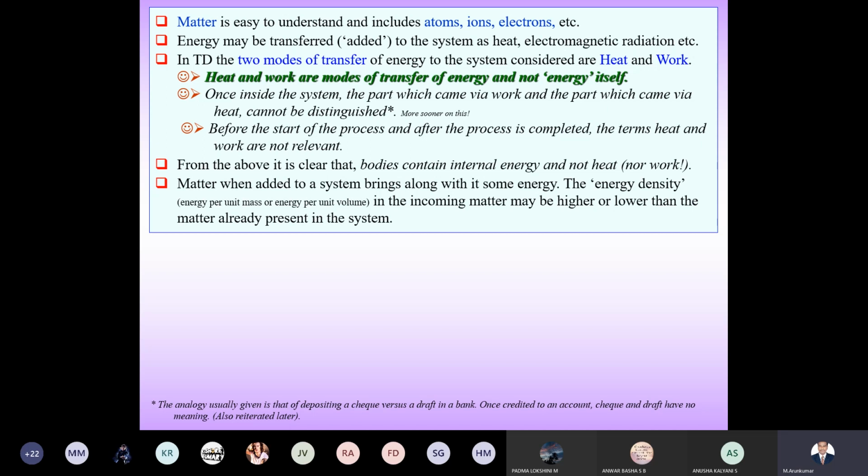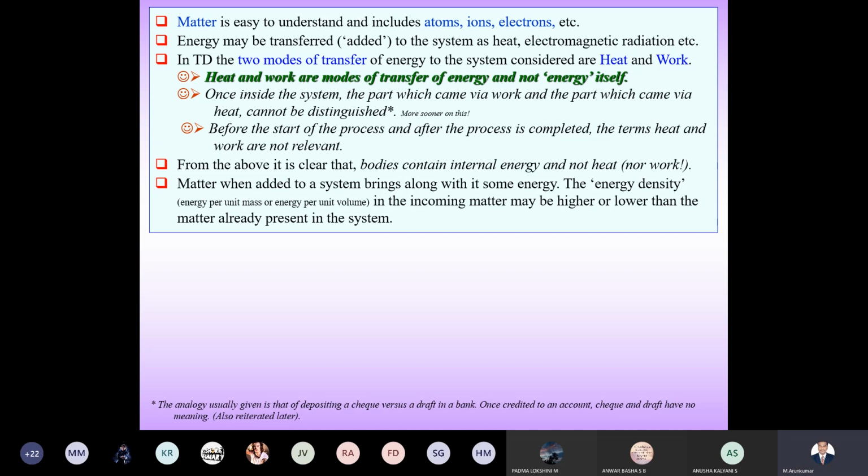Energy may be transferred, in the sense that we can add it to or remove it from the system as heat, electromagnetic radiation, or mechanical work. Here we refer to energy as thermal energy, electromagnetic radiation, or mechanical energy.